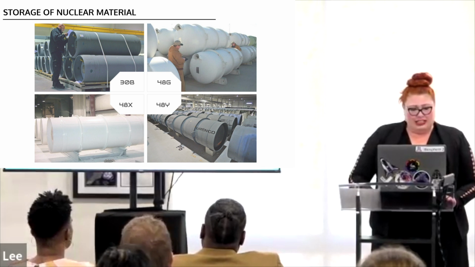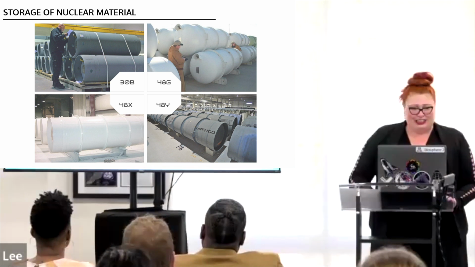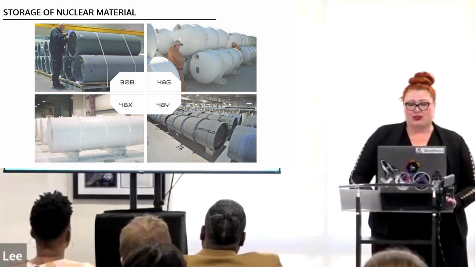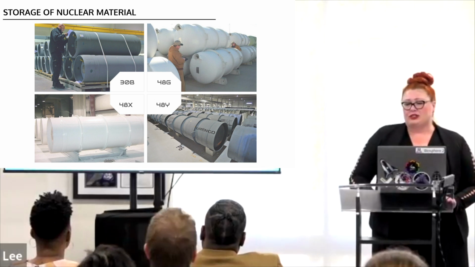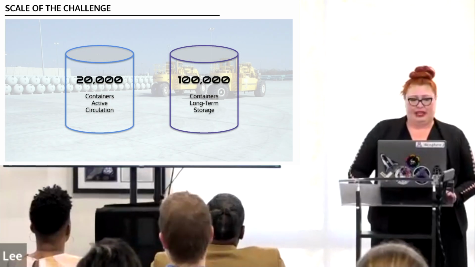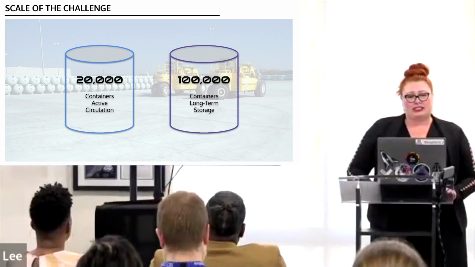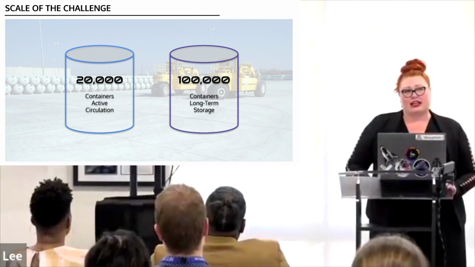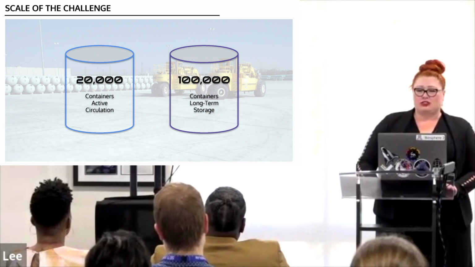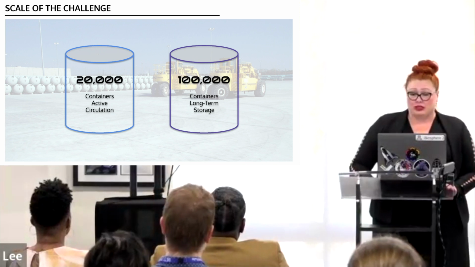The 48G container has a characteristic protruding valve at one end and is only used for storing long-term materials. There are currently an estimated 20,000 containers in active circulation, with more than 100,000 additional containers in long-term storage.